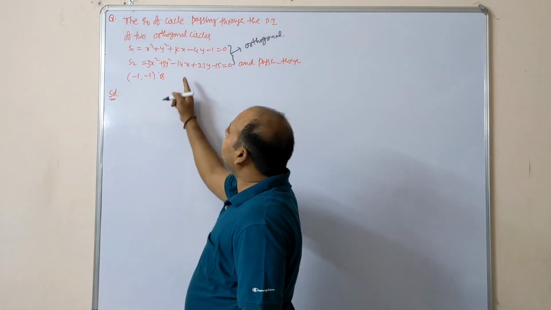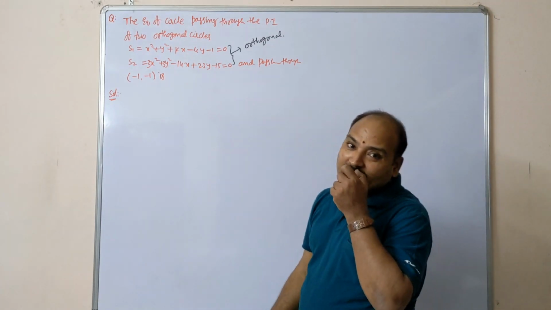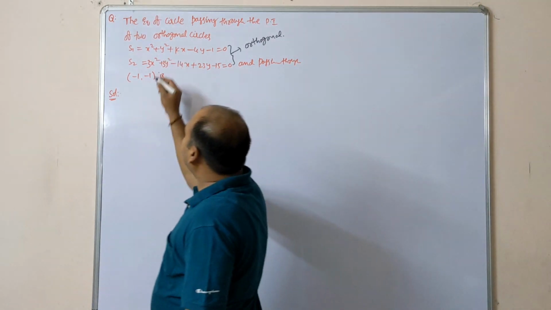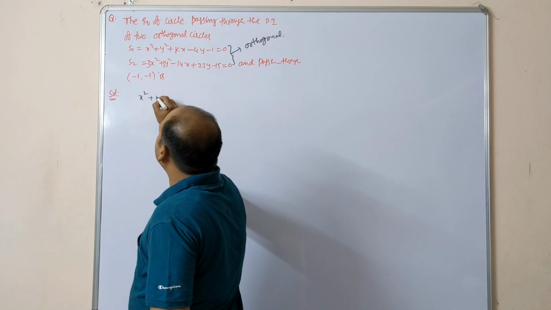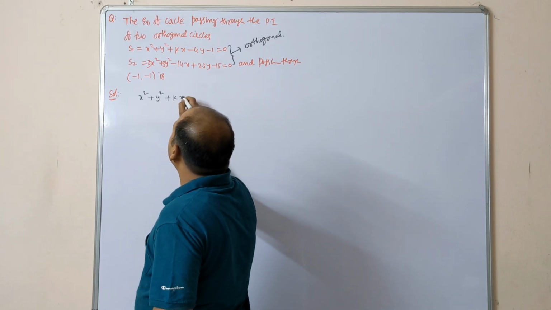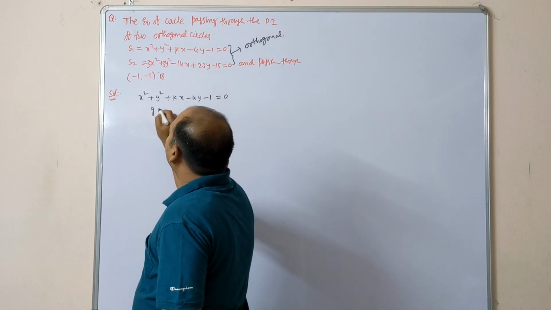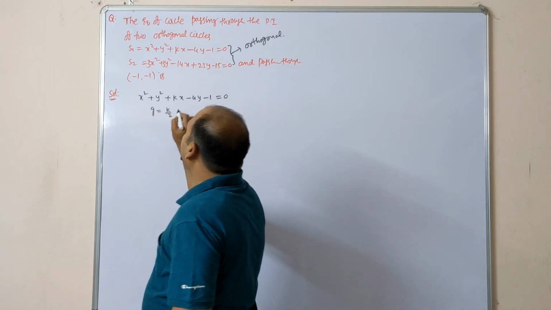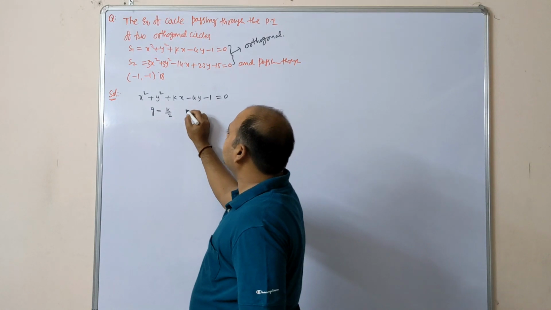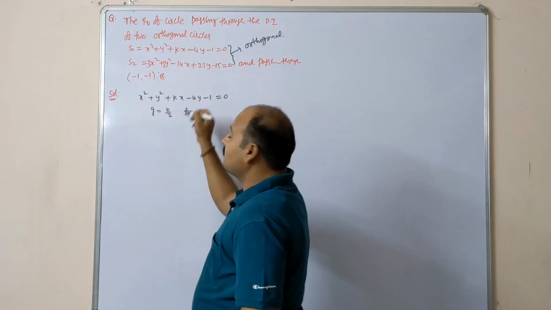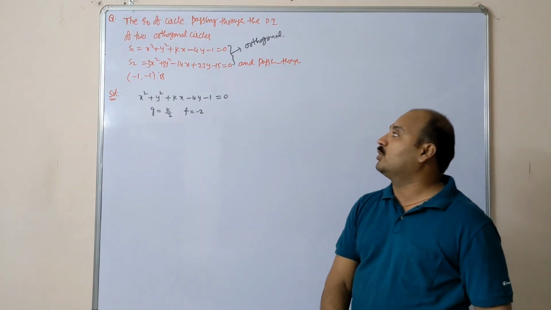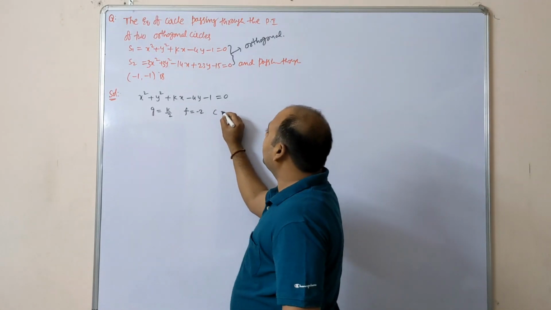The second circle is not in the general form. The first circle is x square plus y square plus kx minus 4y minus 1 equal to 0. So here g equal to k by 2, 2f equal to minus 4, f equal to minus 2, c equal to minus 1.